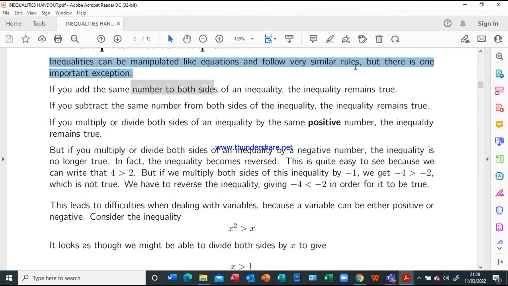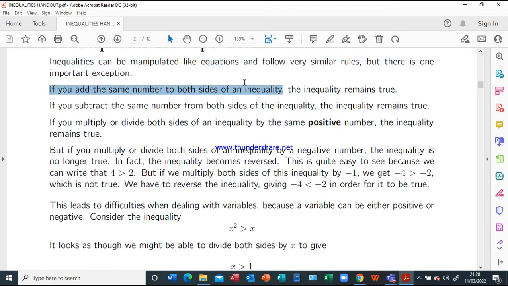The only exception is that you use the inequality sign instead of the equal sign, right? So first you add the same number to both sides of the inequality sign. Step number 1, very important. Add the same number. When you add the same number, it remains the same, right?